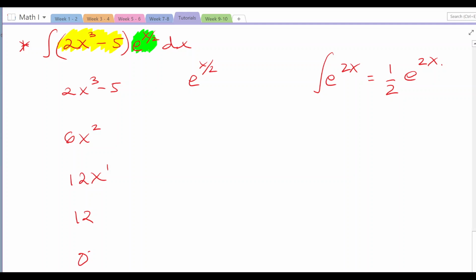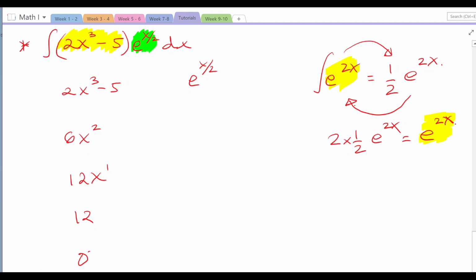From there to there is the integration. However, from here to there is differentiation. If you differentiate half e to the power of 2x, you get 2 times half times e to the 2x. In other words, we're back to e to the power of 2x, which is our original problem.